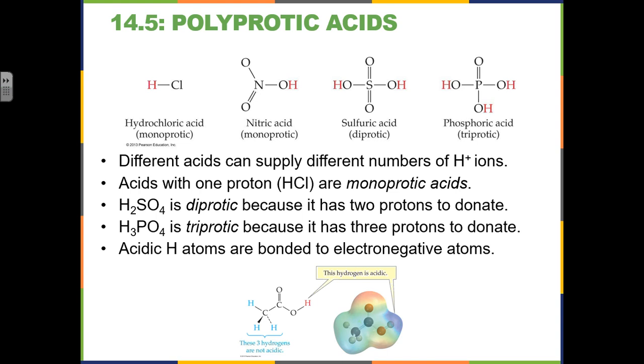And then lastly, you have a triprotic acid, which is phosphoric acid, H3PO4, and it has three protons that readily donate. Now, as a general practice, you don't usually have 4 or 5 protic acids as one of those things that you consider. So you want to be familiar with just mono, di, and triprotic acids.